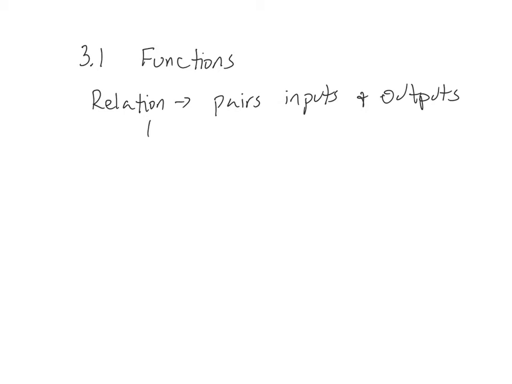And really it's just a coordinate where x is our input and y is our output. Okay, so there's no stipulations to that. There's no like it has to be positive or negative, or they can't be the same number. Like it could be anything.